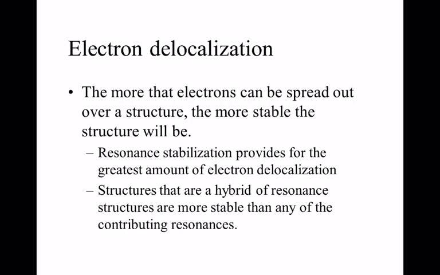So benzene on a Lewis structure would look like this. C6H6. I used to be better at drawing these. So here's my carbons, here's my sigma bonds. Kind of ugly. And each carbon has a hydrogen.